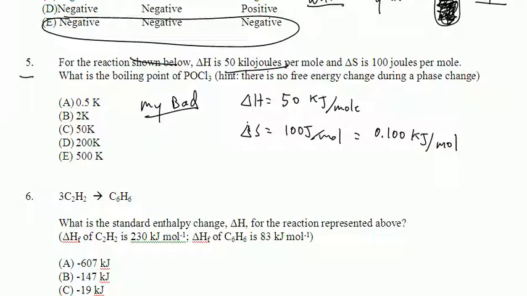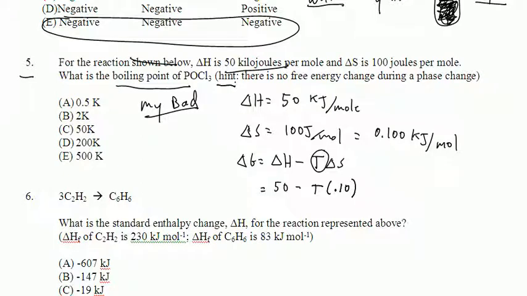The question is asking us for the boiling point, so we're actually looking for T. So we're going to have to use our equation, delta G equals delta H minus T delta S, and they're solving for this. So if we plug in, we know delta H, that's 50. We know delta S, that is 0.10. We don't know delta G, so there must be some other information.